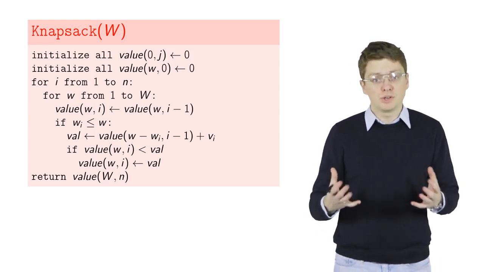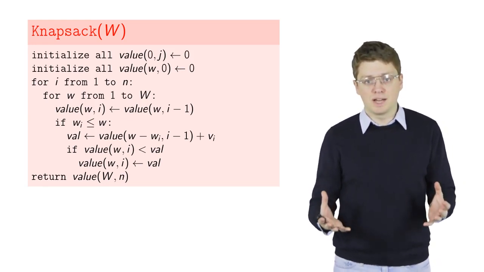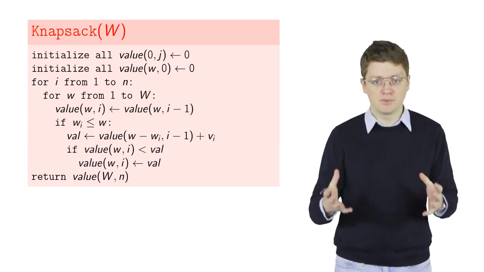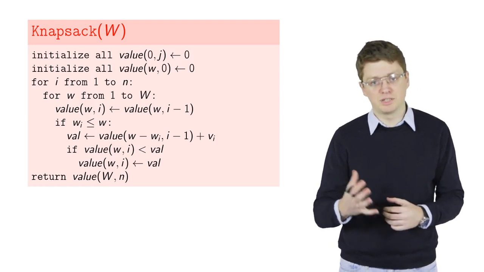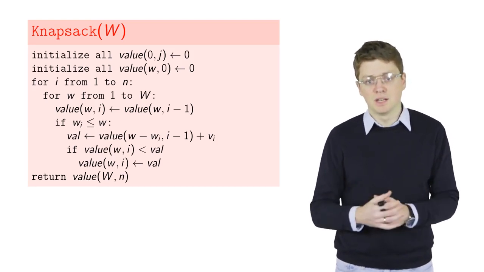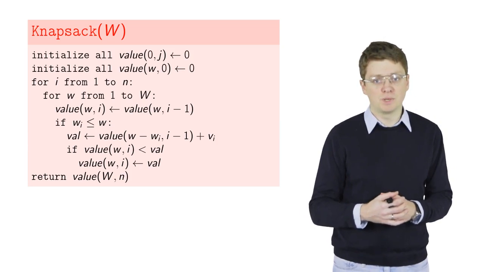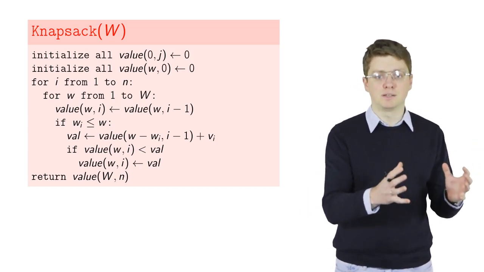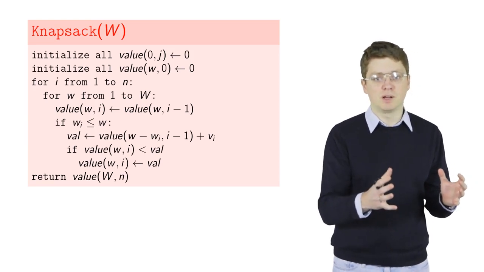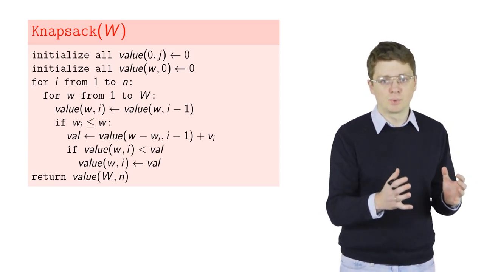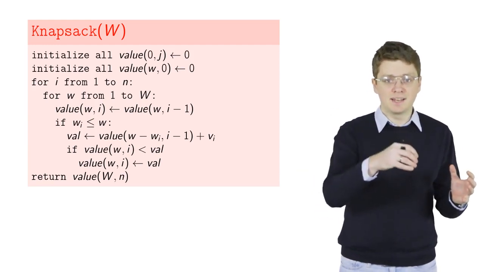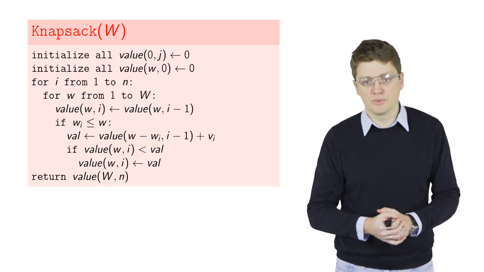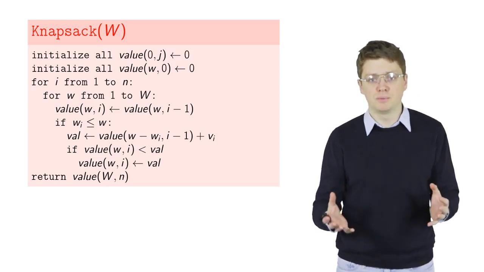First of all, we can only do this if the weight of the i-th item does not exceed the weight of the current knapsack, which is just w. So if it doesn't exceed, we see what happens if we take an optimal value for the knapsack of total weight w minus w_i that is filled only by elements from 1 to i minus 1 and add the i-th element to it. If this gives a larger value than we currently have, we update the value.